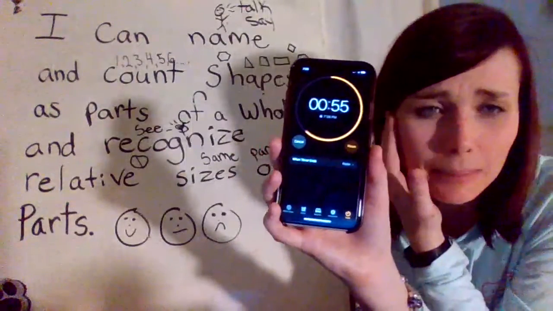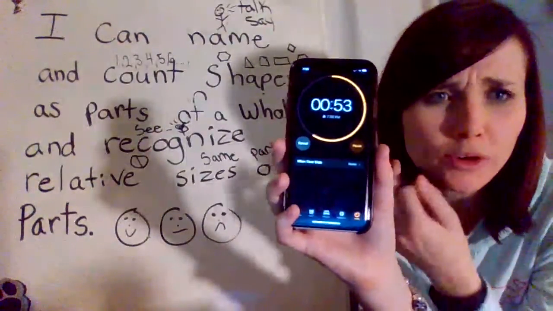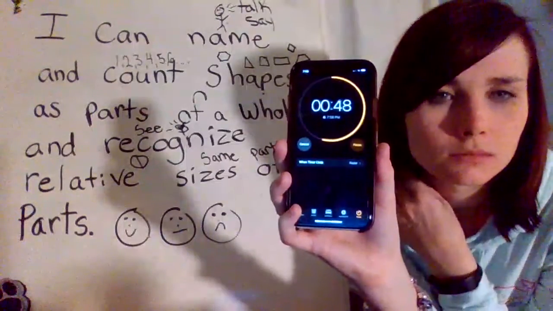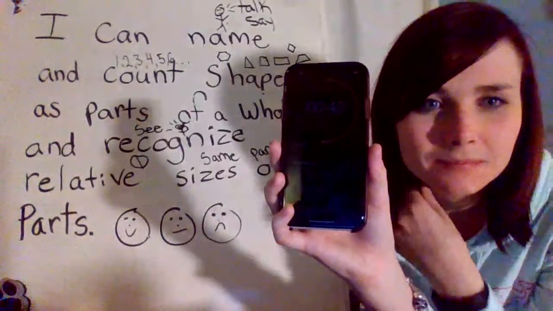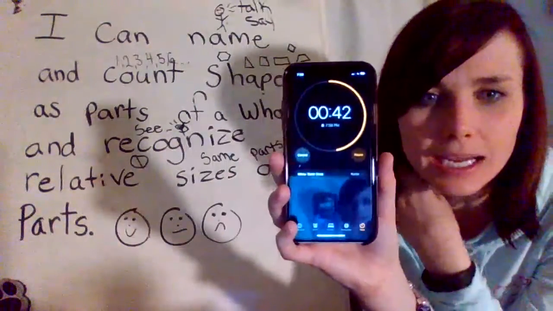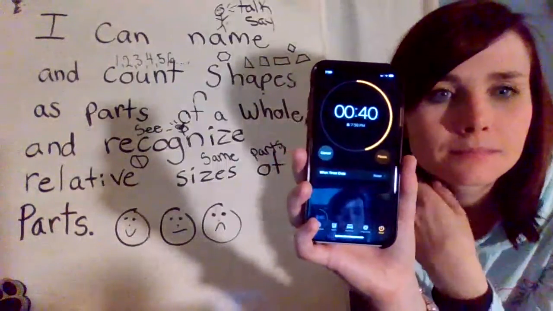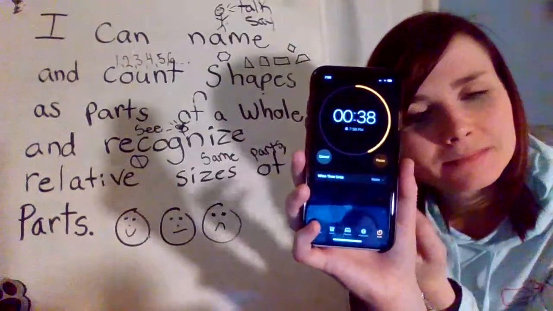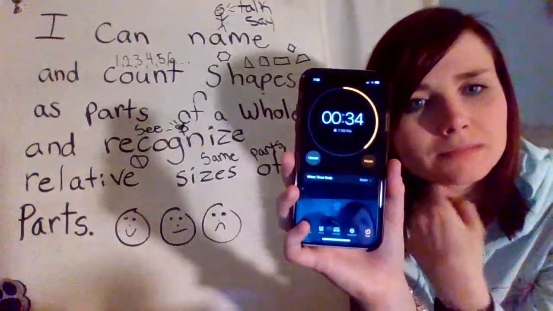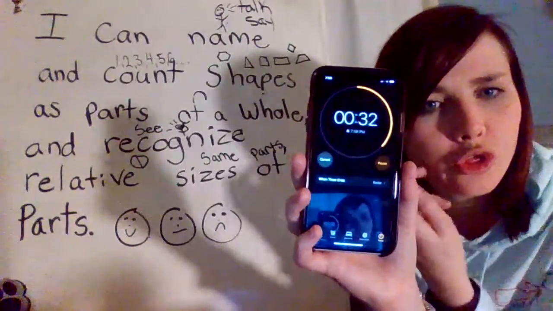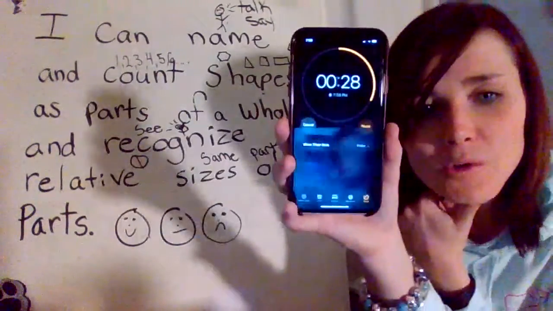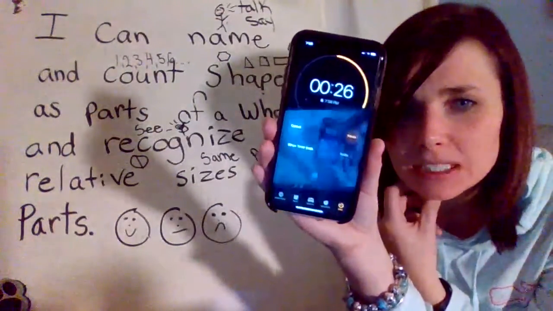If you don't know one, skip it. Go back to it later. Keep working. You've got it. 45 seconds. You've got it. 30 seconds. Keep going. Keep trying. You've got it. Sprint.